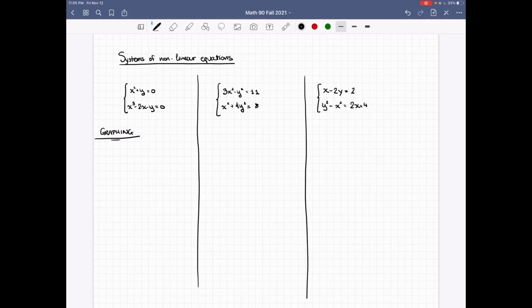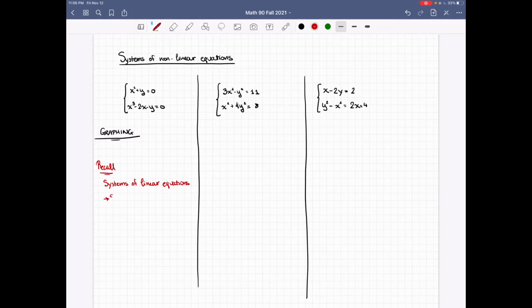So what I want you to remember is that we use graphs with linear systems before. When we have systems of linear equations, those are represented by lines, right?